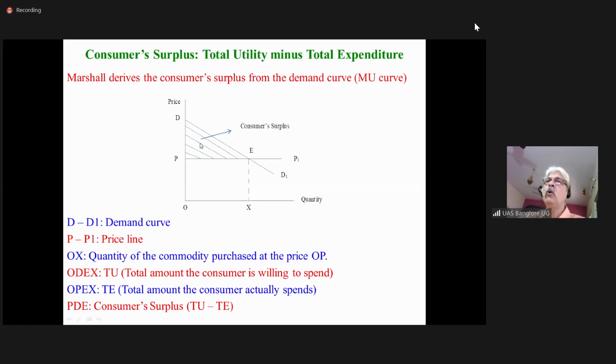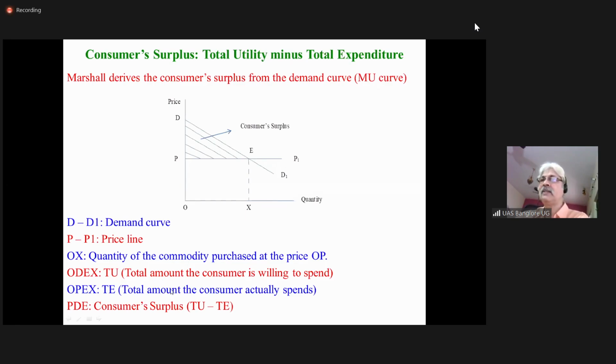ODEX, this area, is the total utility. Here, the point D represents the maximum price that you are ready to pay, or the potential price. So the entire area ODEX represents the total utility.